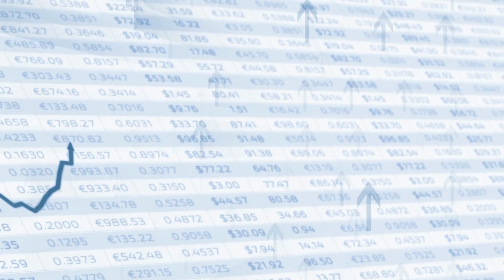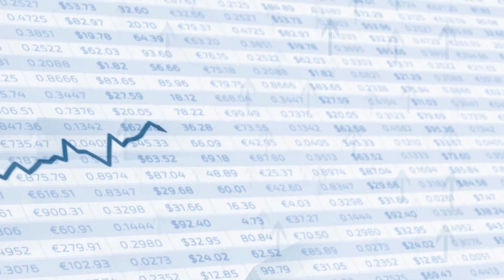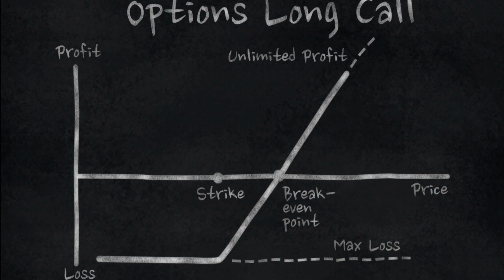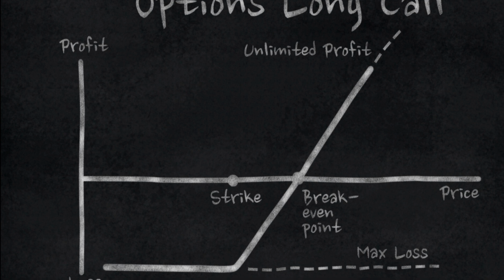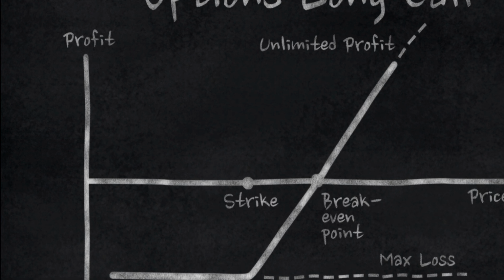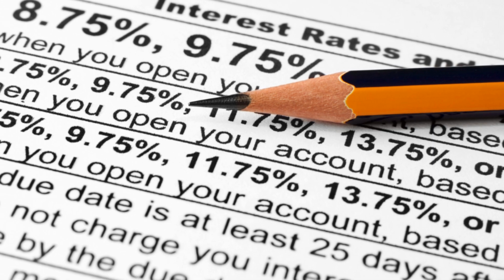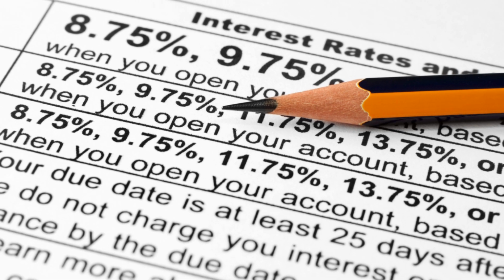There are other extrinsic factors like interest rates and dividends that impact an options price, but compared to time and implied volatility, they're much less important. That said, it's still helpful to understand them and how they might impact your trading decisions.